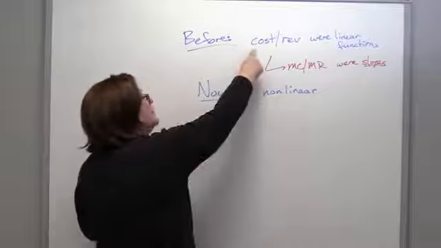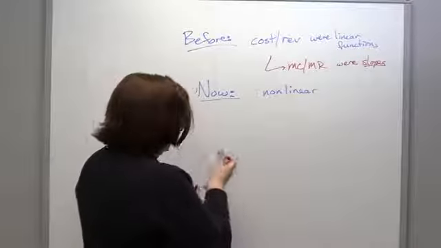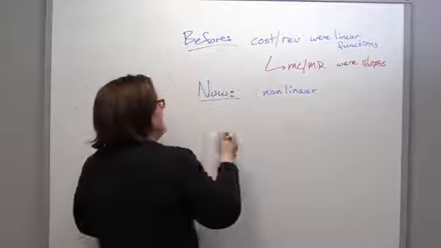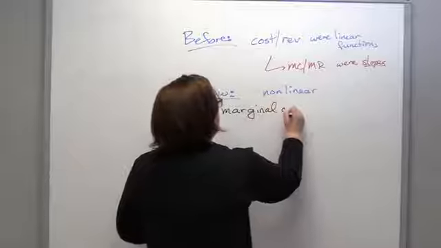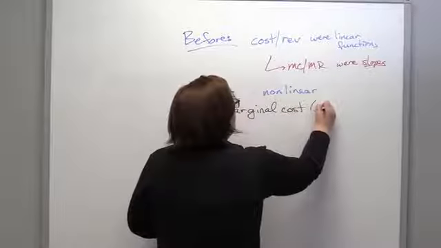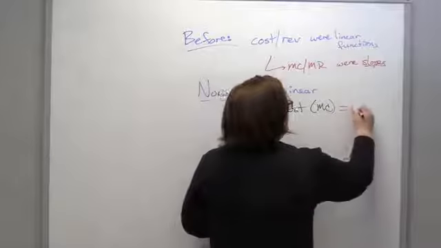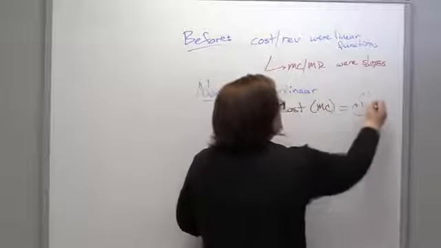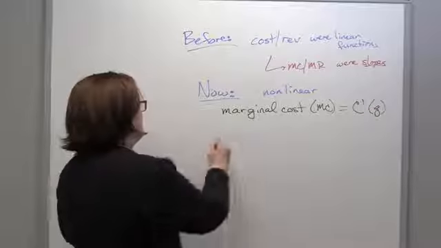And using this idea, when they're nonlinear, we have that marginal cost, which we will shorten to marginal C, is the derivative. And I'll use Q for the quantity of items producing.